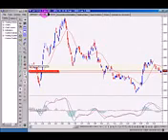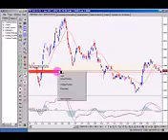Let's go back to the chart, because the idea is we want it to go down in the direction of these indicators here, and if it does, then we've made a correct decision. We'll come back and have a look at that in a moment, but before I do that, just in case the market starts going totally the wrong way, I want to put a stop loss on that trade.